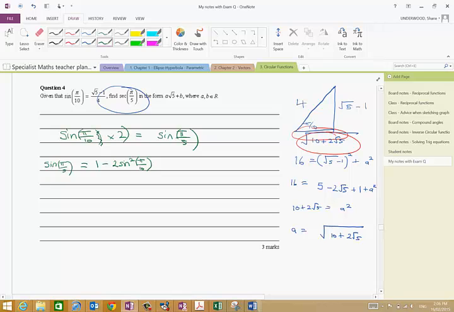Now, all right, so now what is sine of pi on 10? We've been told that. No, we haven't. Okay. Is this cos pi on 5? Thank you. Okay, good, because there's only one for cos, isn't there? So this cos pi on 5 is equal to 1 minus 2 sine squared pi on 10.